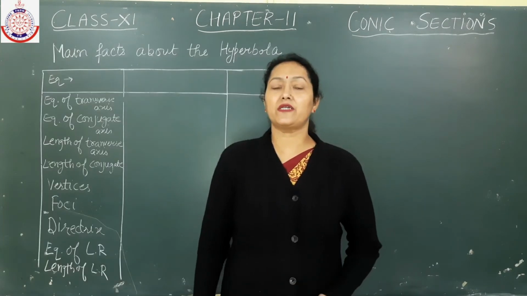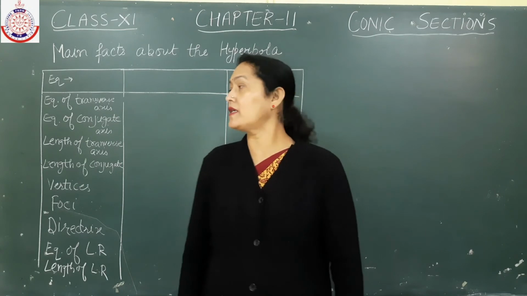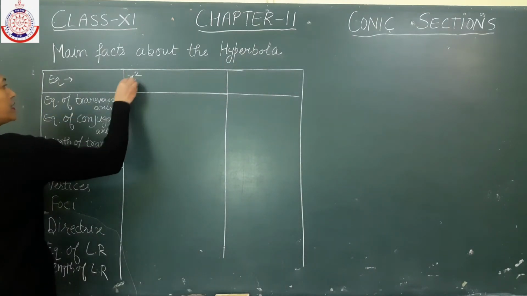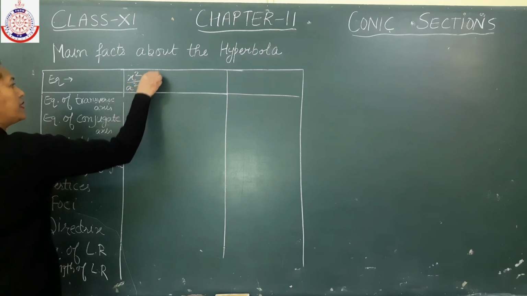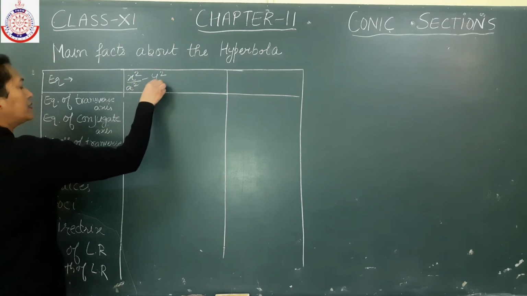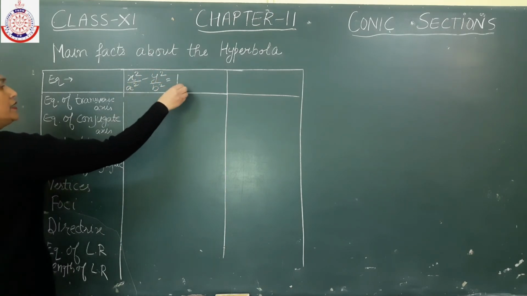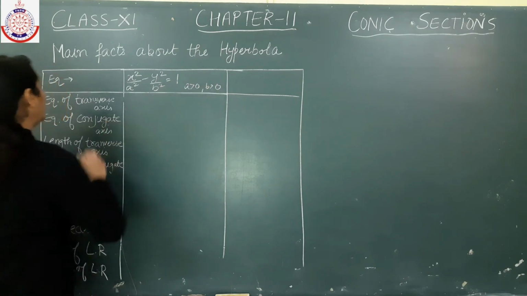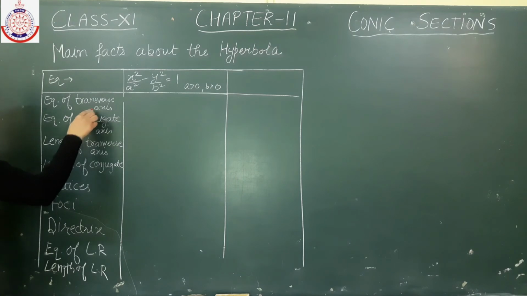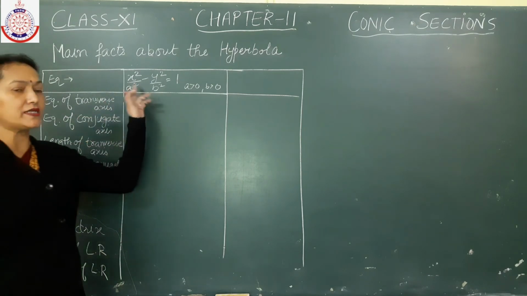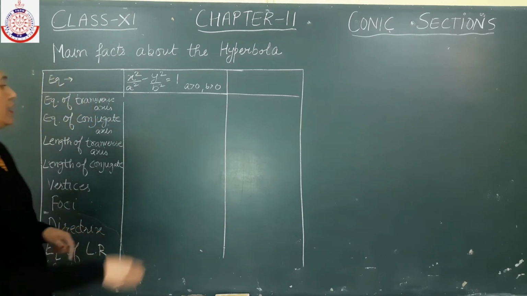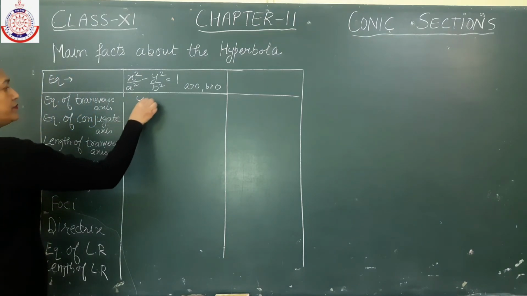So the main facts that you have to learn about hyperbola is, in case we have equation x square upon a square minus y square upon b square is equal to 1, where a and b both are greater than 0. Equation of transverse axis, as in this case transverse axis is along x-axis, that means y will remain 0.